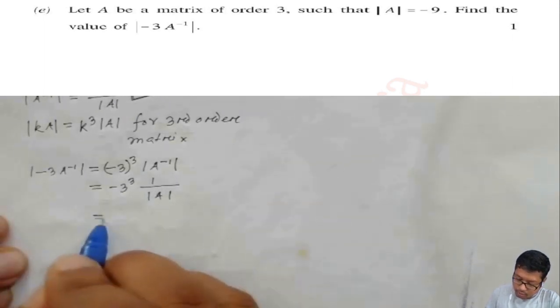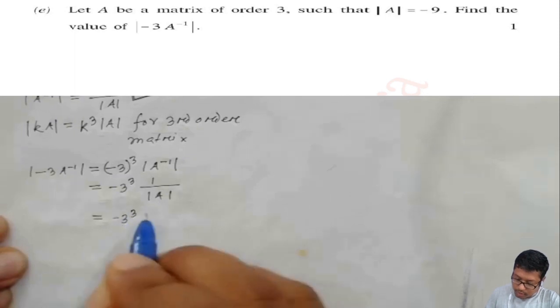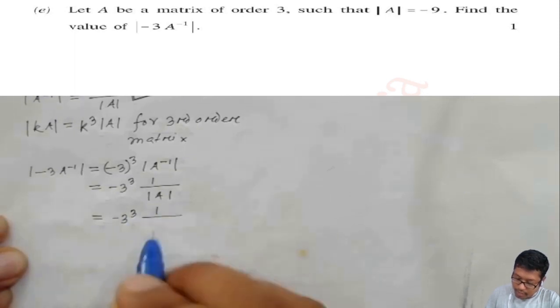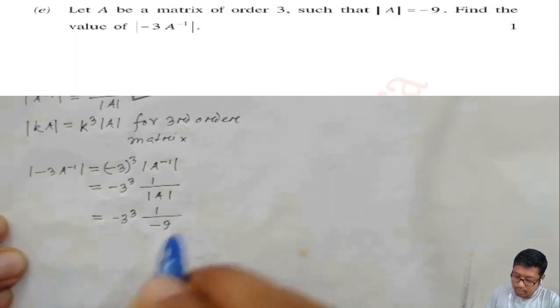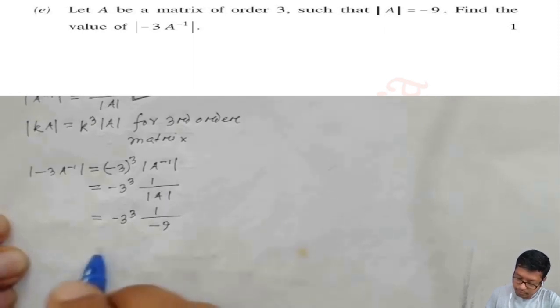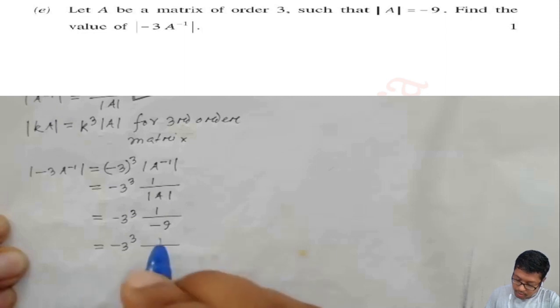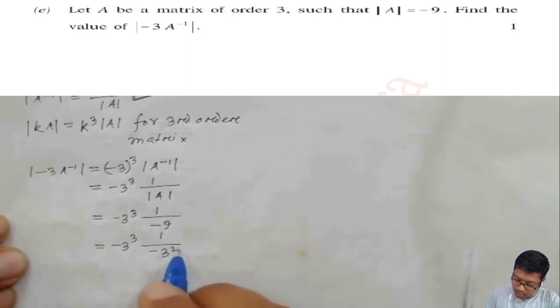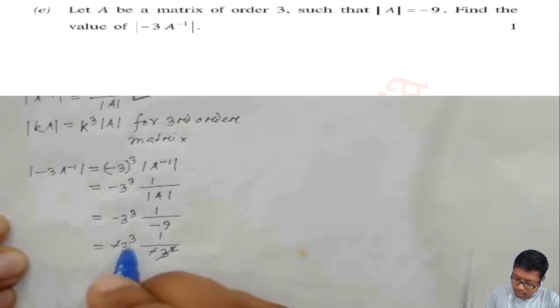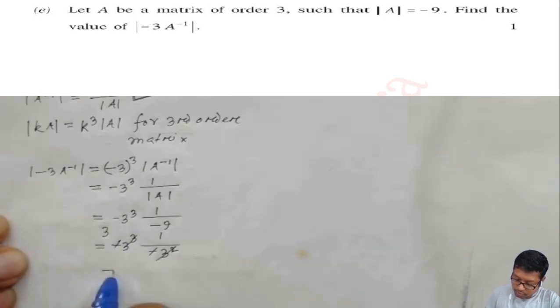So this is equal to minus 3 cube, and we have determinant of A as minus 9 as it is given in the problem. So minus 3 cube and 1 by minus 3 square. So this minus gets cancelled out. 3 cube by 3 square gives us 3. So 3 is our correct answer.